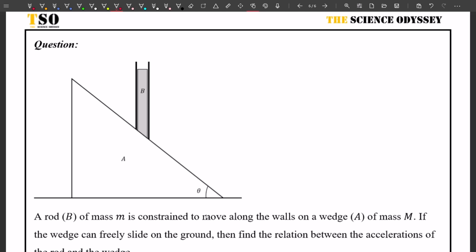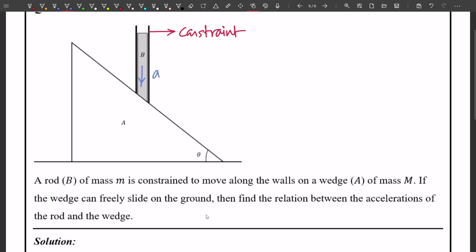So this wall is acting as a constraint, right? Now due to its weight, the rod B will move in the downward direction. Let's say the acceleration of the rod B is AB in the downward direction. Now as a result, the wedge will move in this direction with acceleration, let's say AA, right?